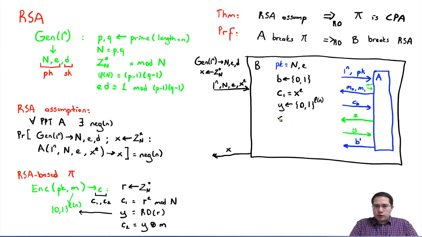And then we will compute C2 as y XOR Mb. And then eventually this Cb will have two parts, C1 and C2. This is what we send back.